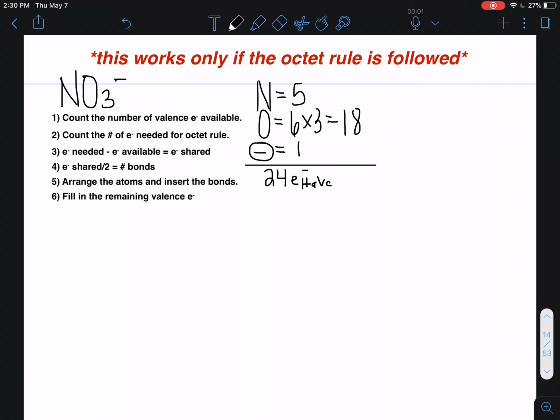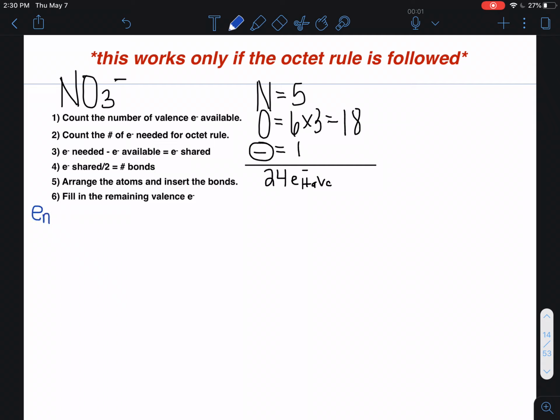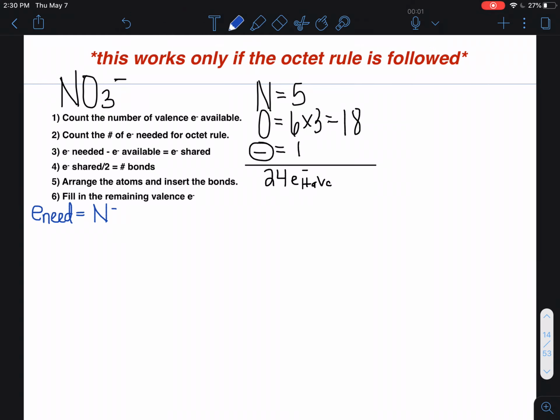Okay, E half is 24 electrons. Okay, my E shared, or E need, is going to be calculated the same way. All right, nitrogen needs 8, oxygen needs 8, and there are 3 of them. All right, so 32. That's my E need.